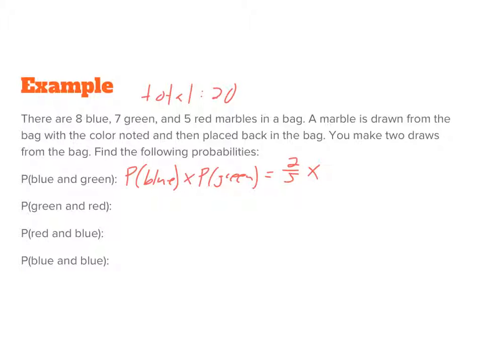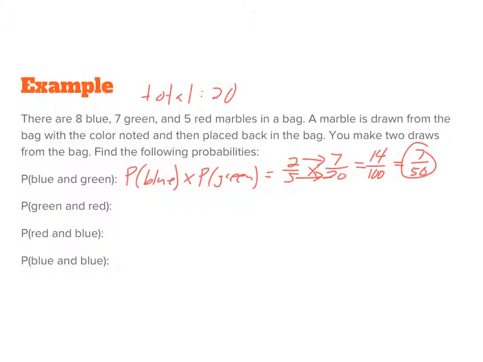The probability of green is 7/20. We can't simplify that down, so we need to leave it. Okay, so we multiply straight across. 2 times 7 is 14. 5 times 20 is 100. And then the last thing we need to do is simplify this down. 14 and 100, I can take a 2 out of both of those, and I get 7/50.